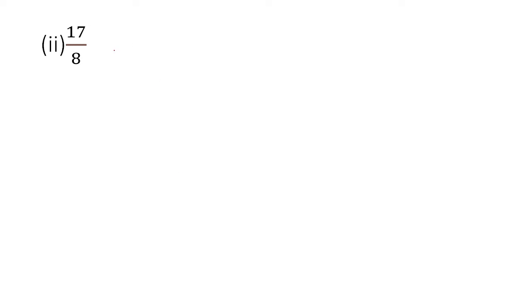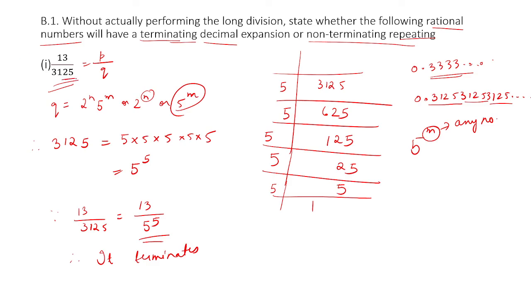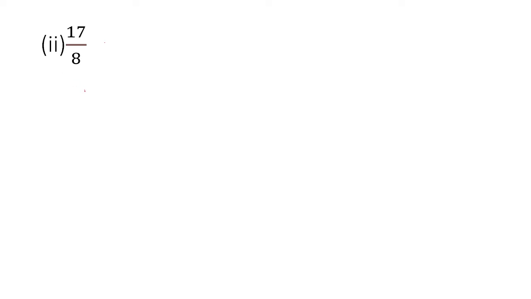The next question is fairly easier. Here again, we need to make sure that q, which is your denominator, is in one of these three forms. So 8 is nothing but 2 into 2 into 2, which is 2 to the power 3. Therefore, 17 by 8 can also be written as 17 by 2 to the power 3.